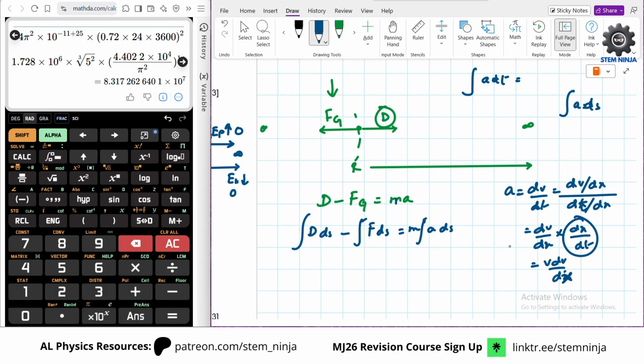When you integrate this with respect to x or s, whatever we want to call it, we would actually just get a net change in this thing. Now why did I keep it as an integral? Because force is not constant across the space over here.